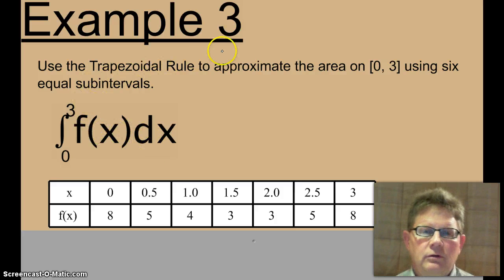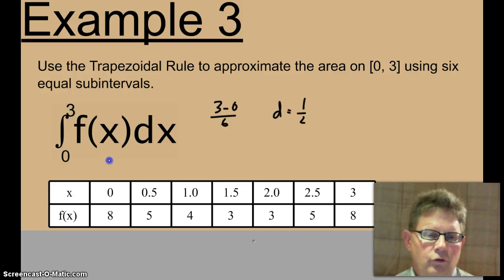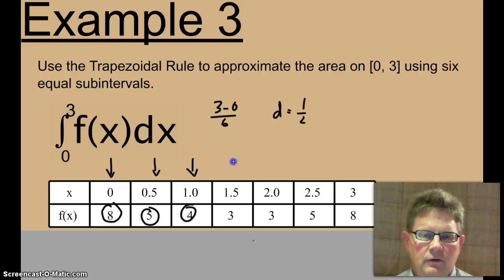Alright, next one. Use the trapezoidal rule to approximate the area on 0 to 3 using 6 subintervals. Alright, so what is D? 3 minus 0 all over 6. D equals 1/2. Alright, so we're going to use the first one once, and the next five twice each.